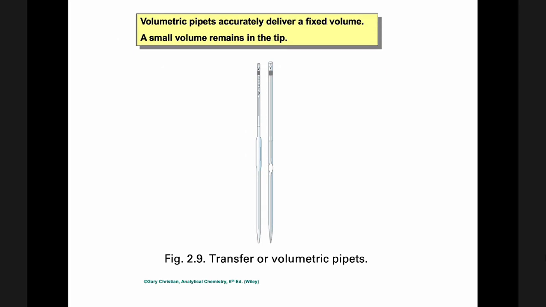So each volume has a specific pipette. For example, this is 10 ml. There is also a 1 ml volumetric pipette, 2 ml, until 100 ml. In our lab, we still have the 100 ml volumetric pipettes.